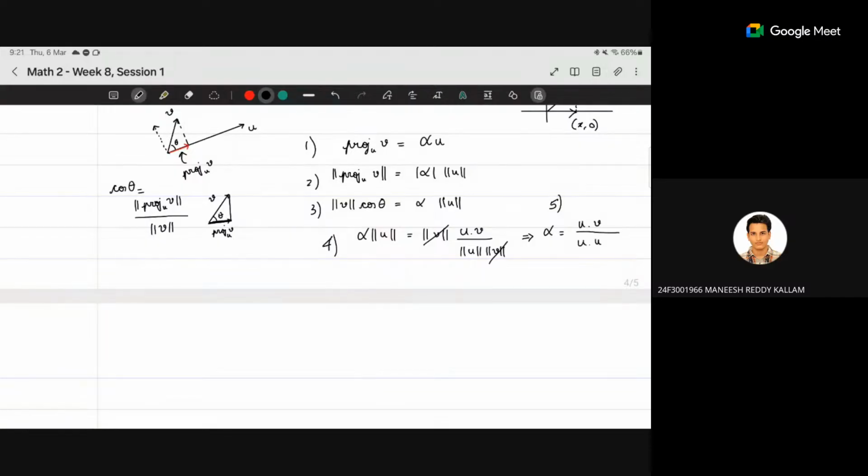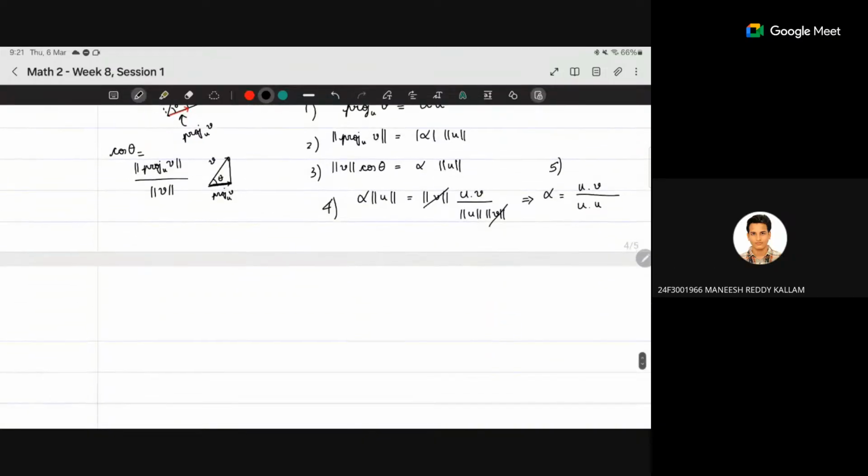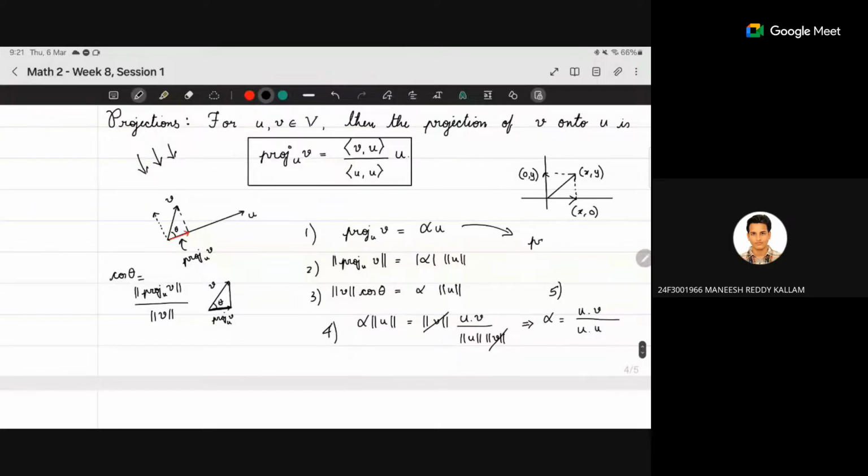U dot u is norm u square by definition. So I got the value of alpha in terms of u and v. So coming back to this, what can I conclude? I can conclude that projection of v onto u is u dot v divided by u dot u times u.